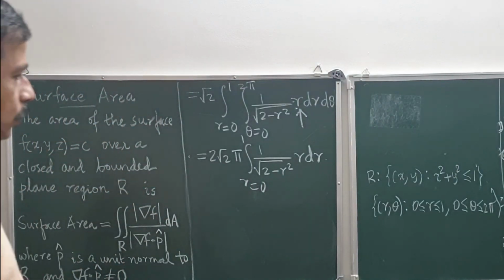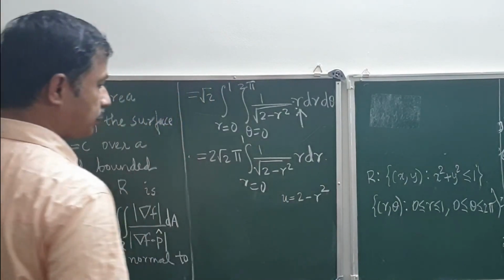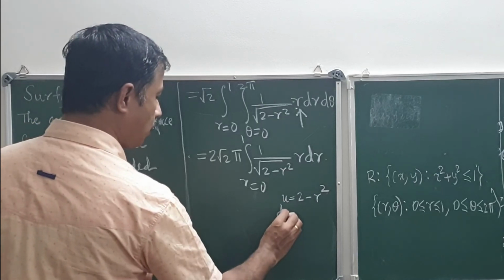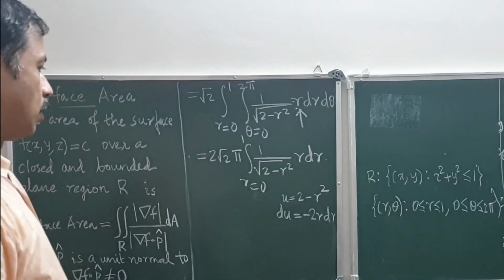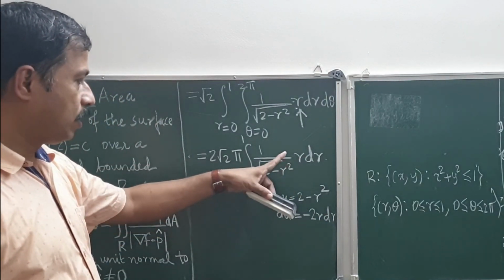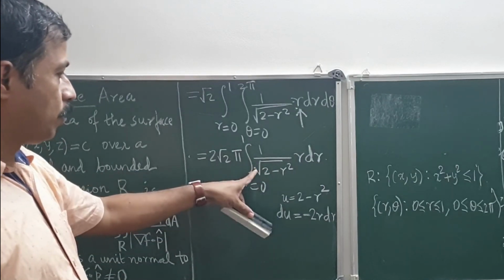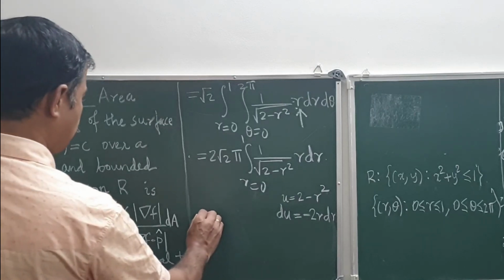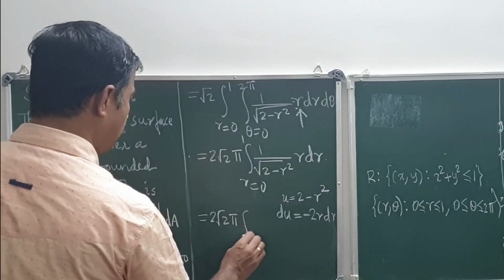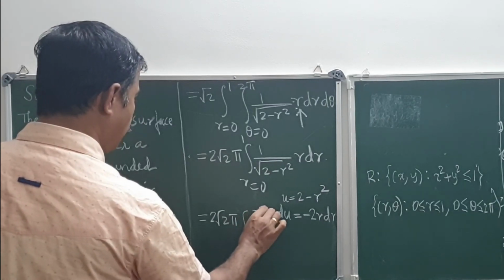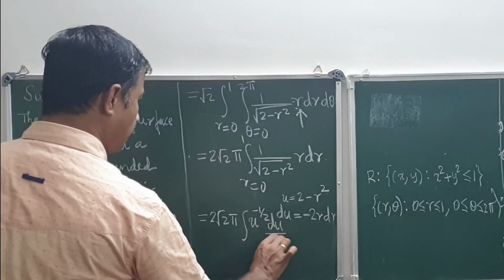Now we put u equal to 2 minus r square. Then what will be du? du will be negative 2r dr. So r dr will be negative 1 by 2 du, and this will be u to the power negative half. So this is equal to 2 root 2 pi integral of u raised to negative half du by negative 2.